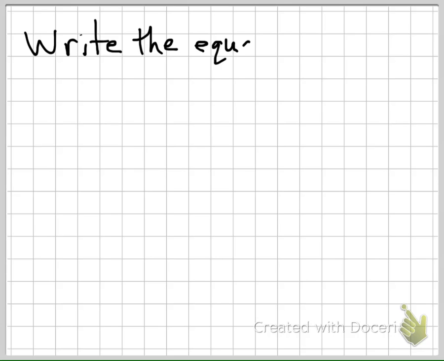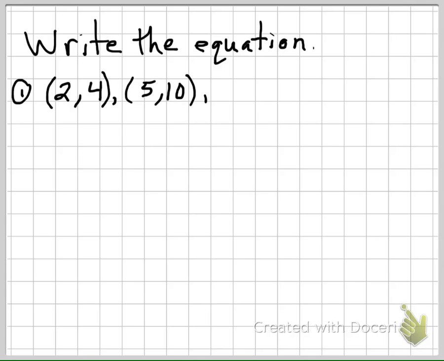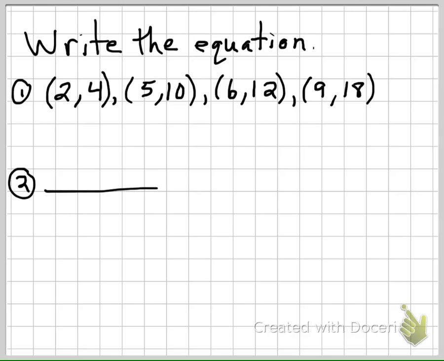Okay, so now here's some for you to practice. You're going to write the equation for these problems. This first one is giving you a couple of points. You're going to find k and write the equation. The second one gives you a table.